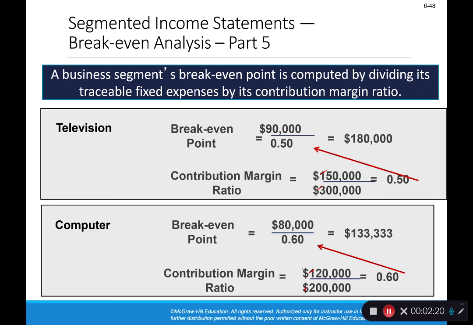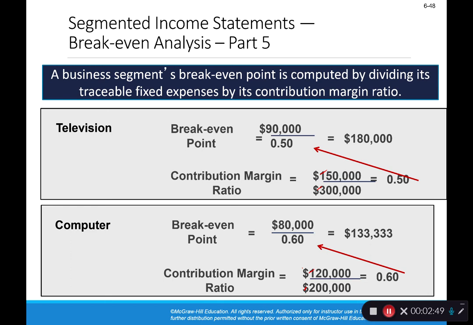So if we were to sell these amounts in each division, the company would still lose money because each division would break even, but then we'd still have to take out the fixed costs that are common, which means the company overall would lose money. So it's important to remember that even if each division achieves its break-even point, the company overall may lose money because the common fixed cost wouldn't be covered at that point.